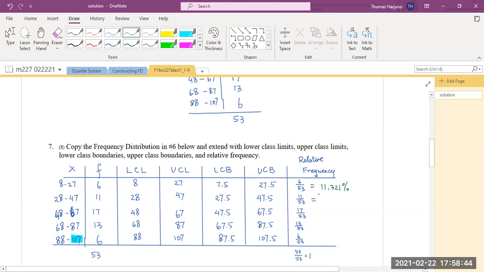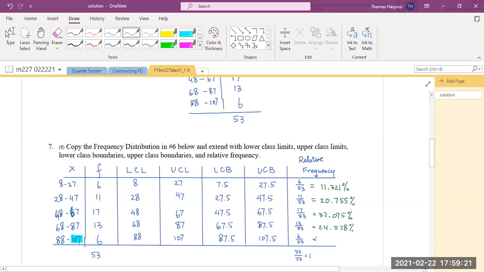11 over 53, 0.207547. In percentage, that will be 20.755%. 17 over 53, that will be 32.075%. 13 over 53, that's 24.528%.